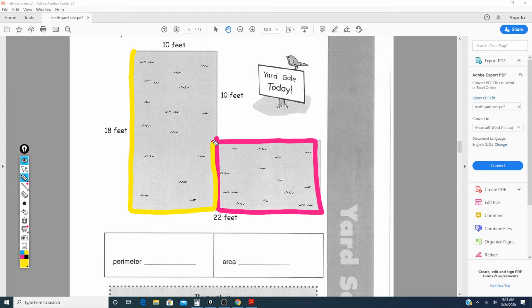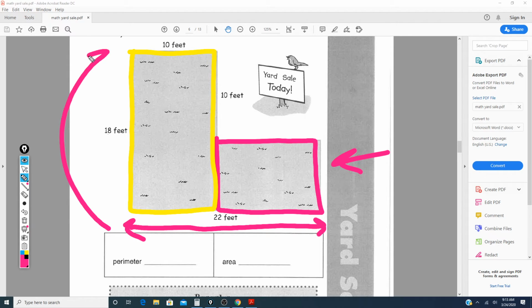I changed the color. So what's our length and width for this figure? Well, if it's 22 feet the whole way across, let's look up top.